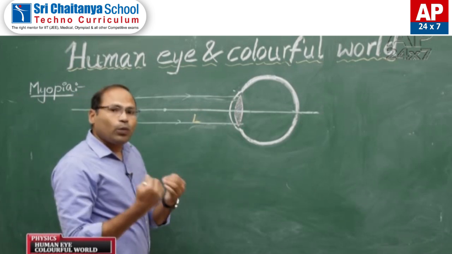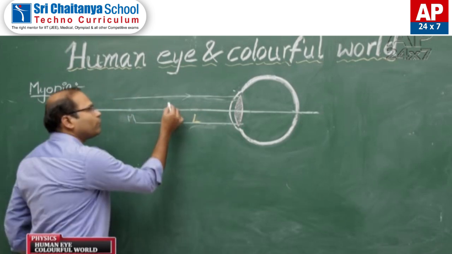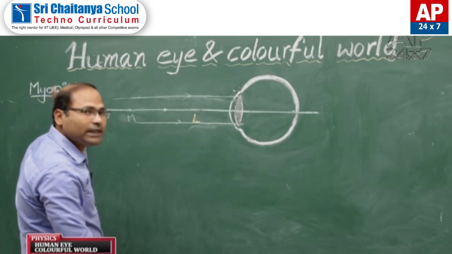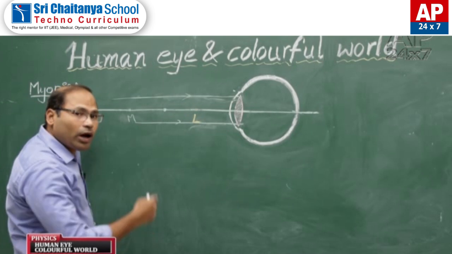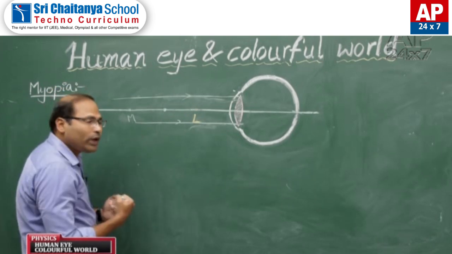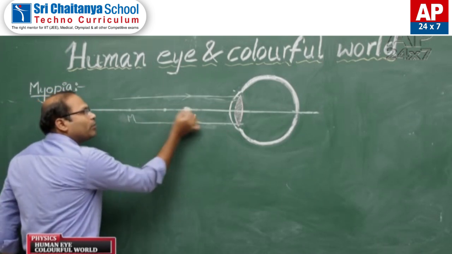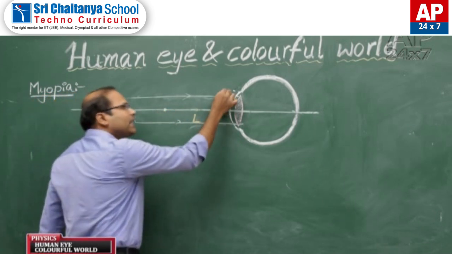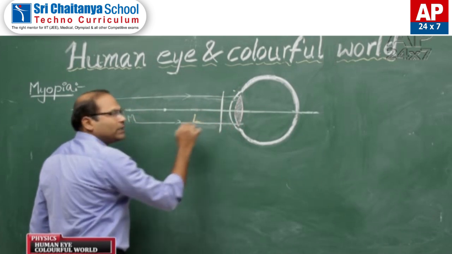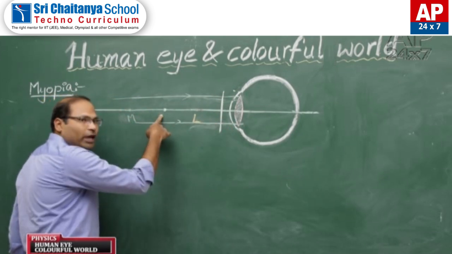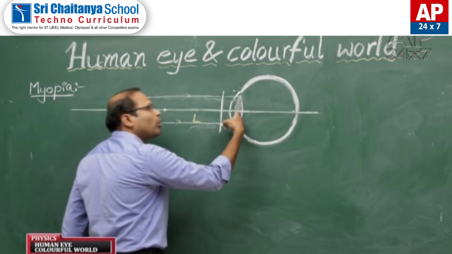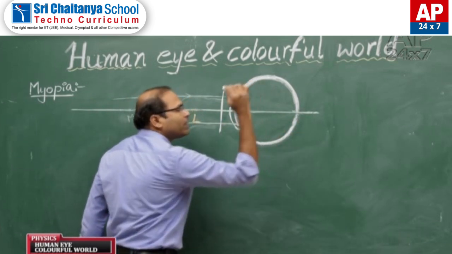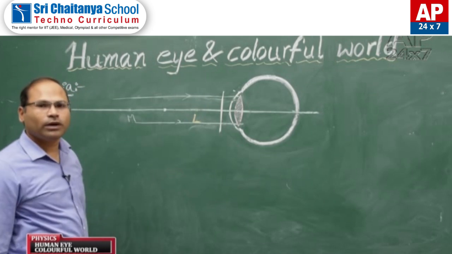If we are able to form the image of this object at infinity anywhere in between these two points, somewhere here, by using any lens, and this image will act as the object for the eye lens, and the eye lens will form the image on the retina, the problem will be solved.